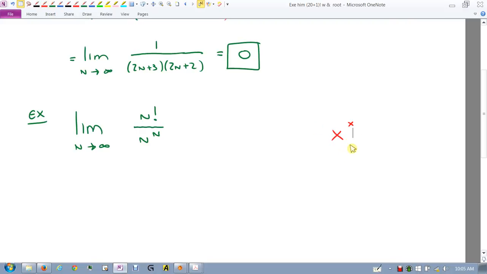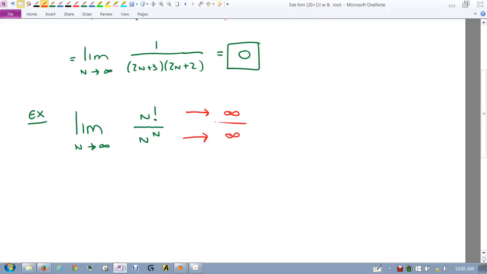Probably never really looked at a function like that. So n to the n is not something that we're familiar with. And then n factorial is kind of new. So let's just talk about the behavior. As n goes to infinity, top's going where? Infinity. Okay, and then what's infinity to the infinity? Infinity, I guess, right? So we have that. We think L'Hopital. We see the factorial. Forget it, right?